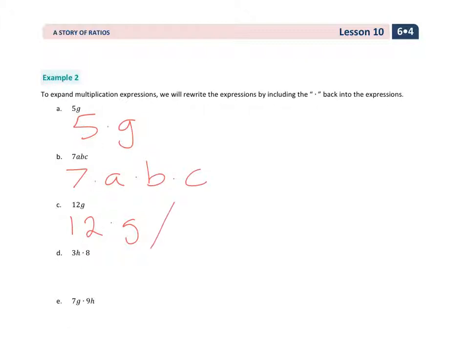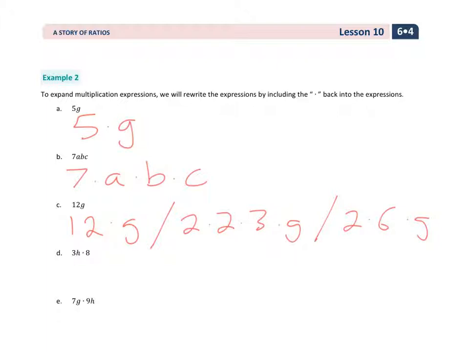Other examples would be, you could say, well, like 2 times 2 times 3 times g, that would work. Or you could say, 2 times 6 times g. Those would all be equivalent expressions because they're all times g, and if you took all those numbers, 2 times 2 is 4, times 3 is 12, 2 times 6 is 12. So they all get you back to the same place.